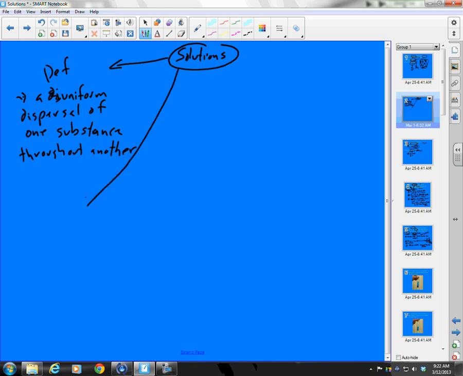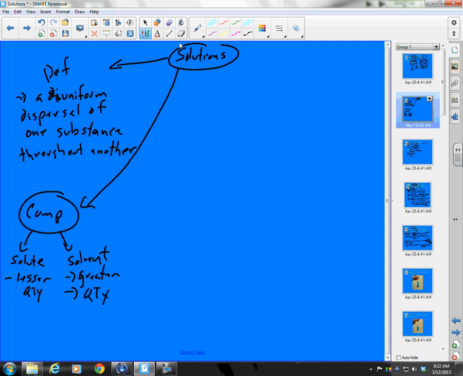And that there are components to a solution, and one of those components is a solute, and that is the substance in lesser quantity. And there is a solvent, and the solvent is the substance in greater quantity. That's great.